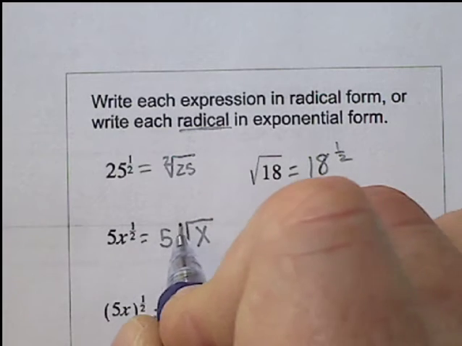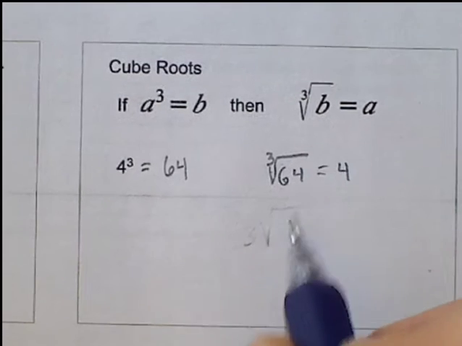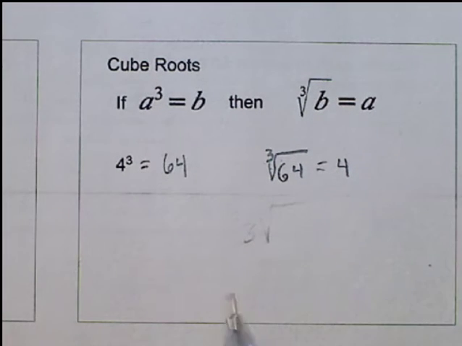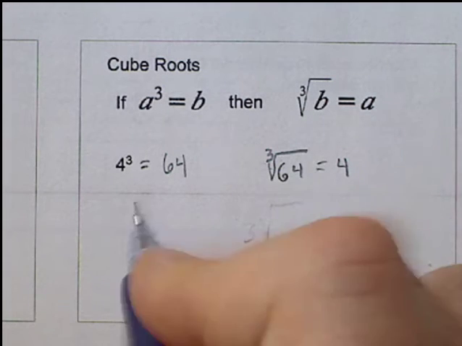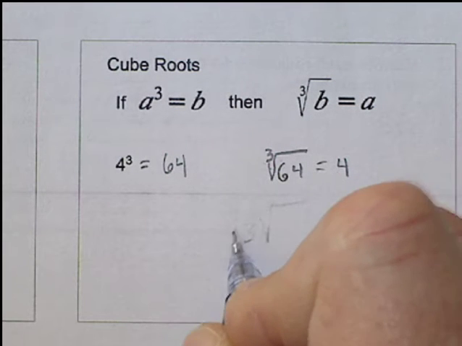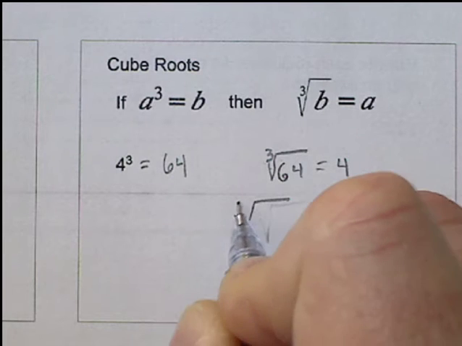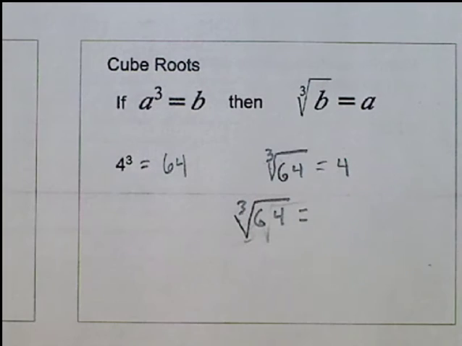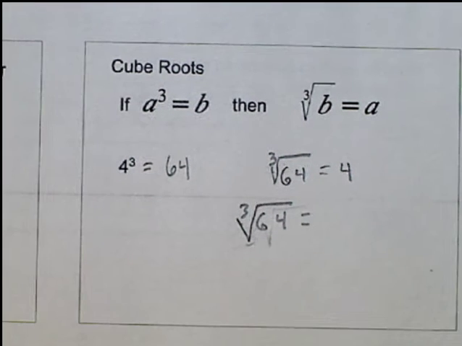If we put a 2 right there, it just means we're taking the square root. Just like on this slide, we're taking the cube root, the 3rd root of 64. So if we have a number like 64 and we want to take the cube root of that, is there a way to write that in exponential form? How would you write that as an exponent?